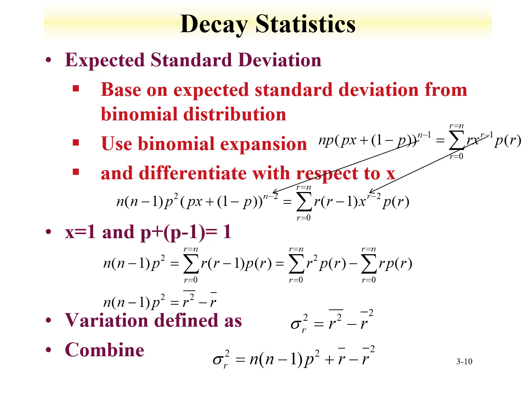So we get the conversion of this equation to this equation, set x equal to 1, and p plus p minus 1 equal to 1. The equation then becomes what's shown here. We get the equation from here as we look at the sum.